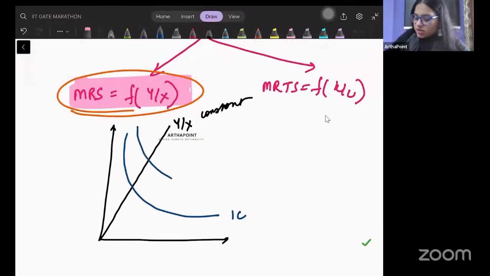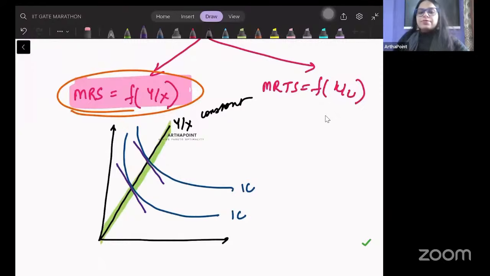This is my another indifference curve. Then, as long as I am on the same ray through the origin, it means that my MRS should also be the same. So if I draw these two tangent lines, they must be parallel to each other.